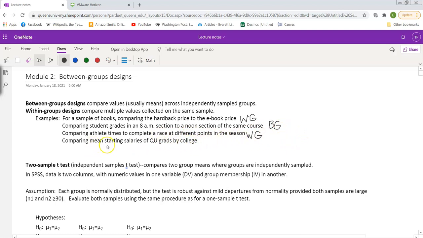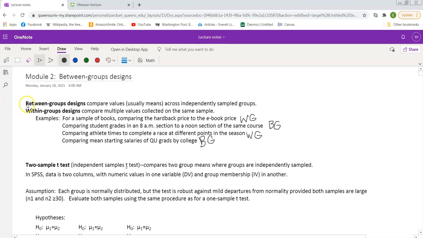And then comparing mean starting salaries of Queens grads by college, that's going to be between groups, because we're going to have different students who have graduated with degrees in the McCall School of Business versus the College of Health versus the other ones. Okay?